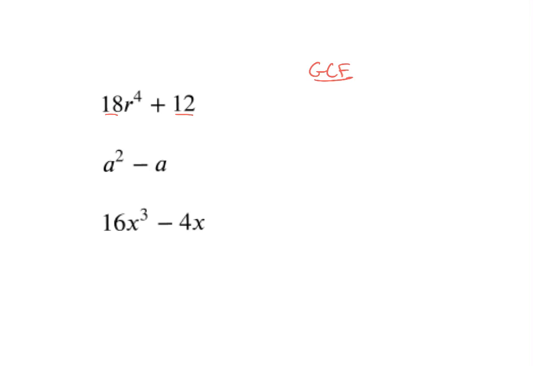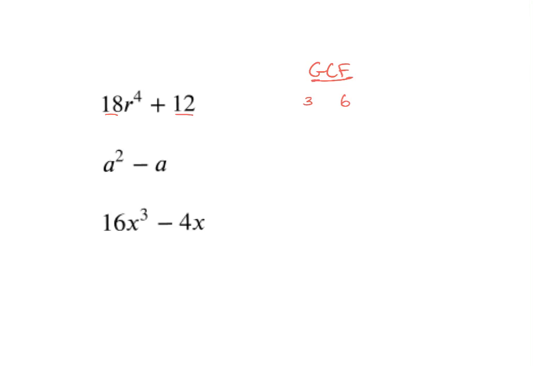So a greatest common factor is a number that can be multiplied to give us 18 and 12. So some options of numbers that multiply to both 18 and 12, they're both multiples of the number 3, right? 3 times 4 gives us 12, 3 times 6 gives us 18. Another option is actually 6. 6 times 2 gives us 12, 6 times 3 gives us 18.